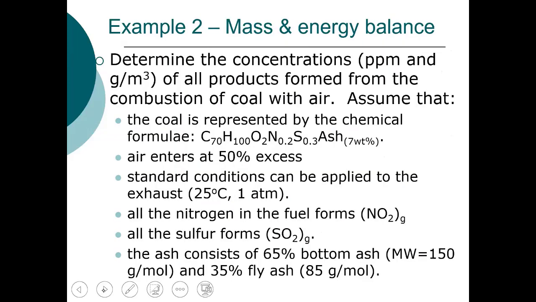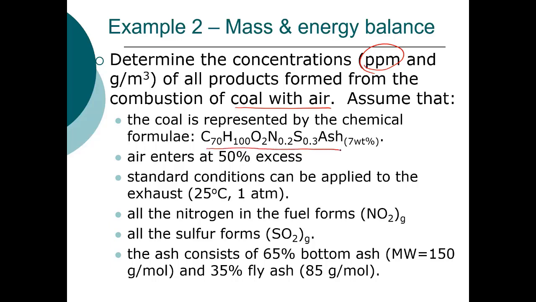So let's look at a little more complicated exercise. And in this case, you're asked to determine the concentrations, we're just going to focus on parts per million today, of the products formed from the combustion of coal with air. I'm going to make some assumptions.